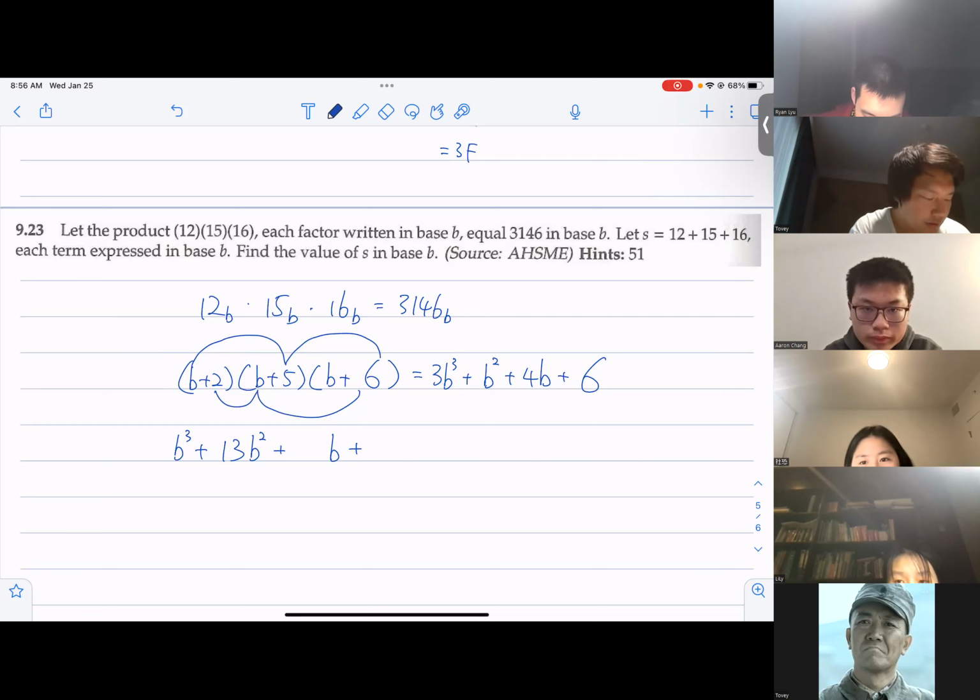If you choose b from the third bracket, that's 2 times 5 times b. So in other words, the coefficient of b here is just the product of 5 and 6 plus the product of 2 and 5 plus the product of 2 and 6. So basically, the product of any possible pair of numbers.